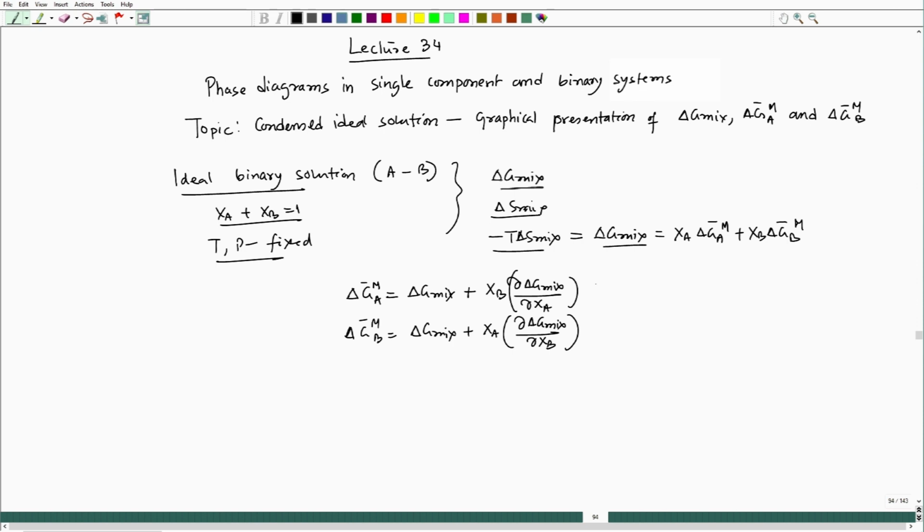Now, we will try to see graphically over the delta G mix versus X B plot.